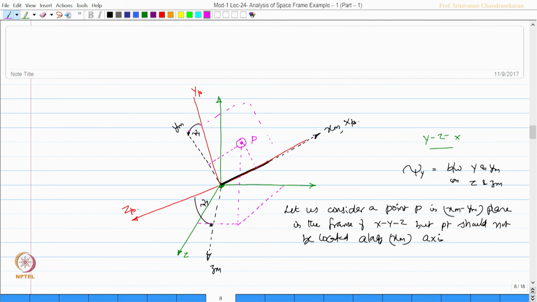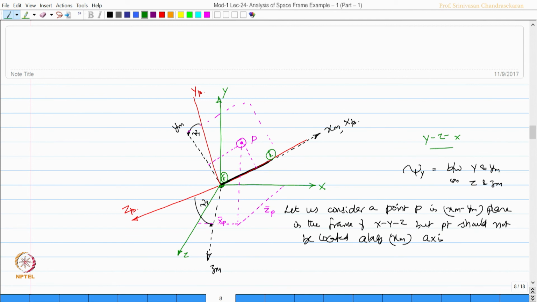Obviously, this will be z bar p and this will be x bar p, because this is x axis, this is y axis. This is my jth end of the member and kth end of the member.